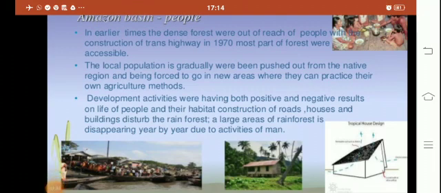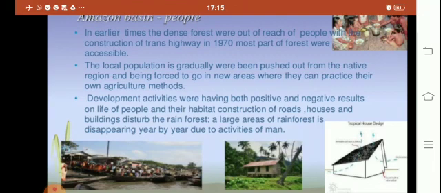In the early times, the dense forests were out of reach of the people. The forest was so dense that it was very difficult to enter the forest area. But after the introduction of the Trans-Amazon Highway in 1970, all parts of the rainforest became accessible.